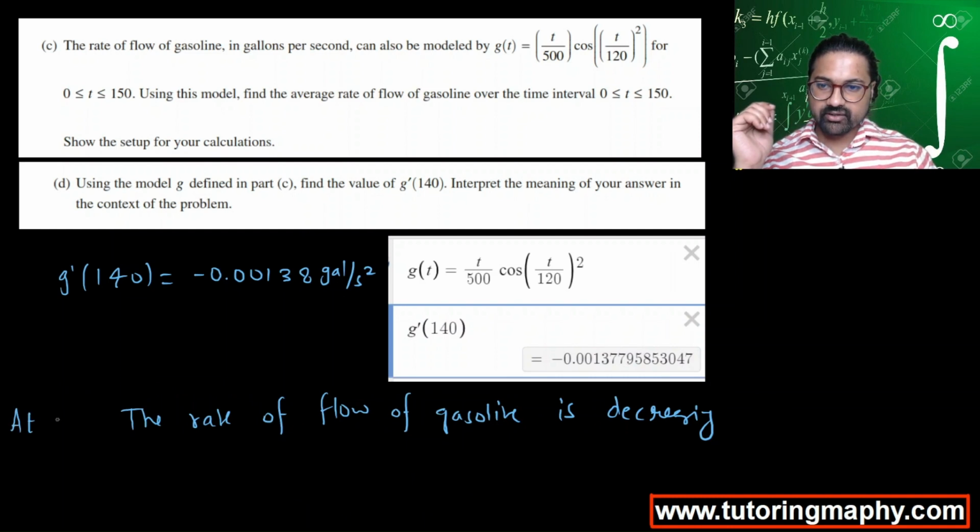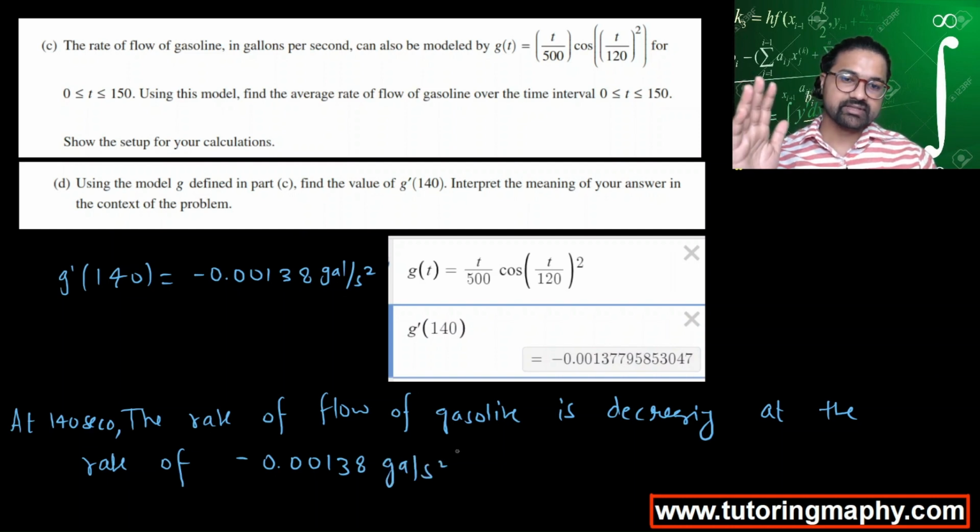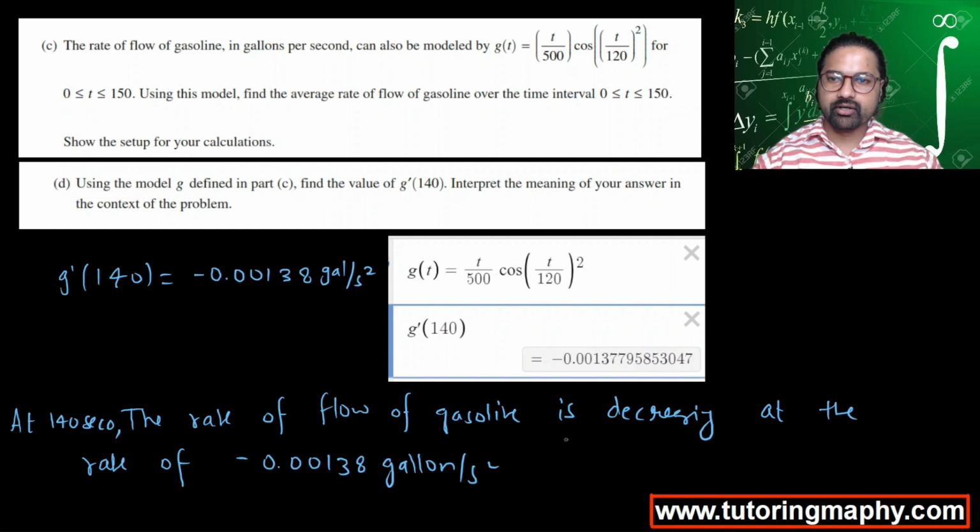So at 140 seconds, the rate of flow of gasoline is decreasing at the rate of negative 0.00138 gallon per second square. So this should be the answer for our part D.